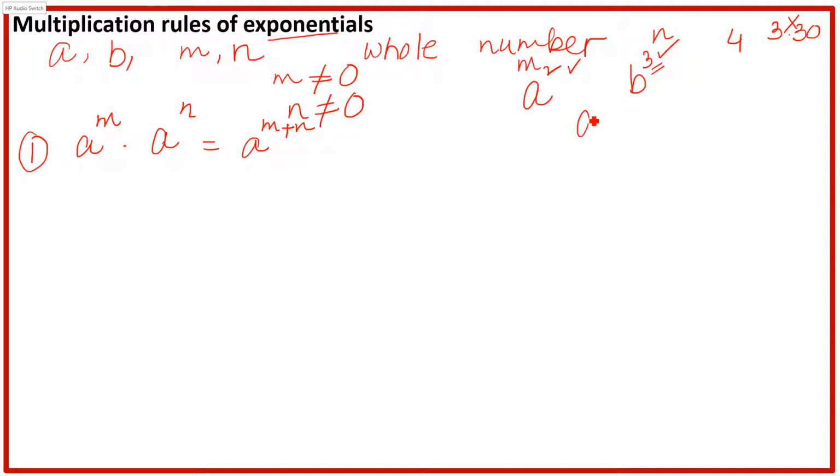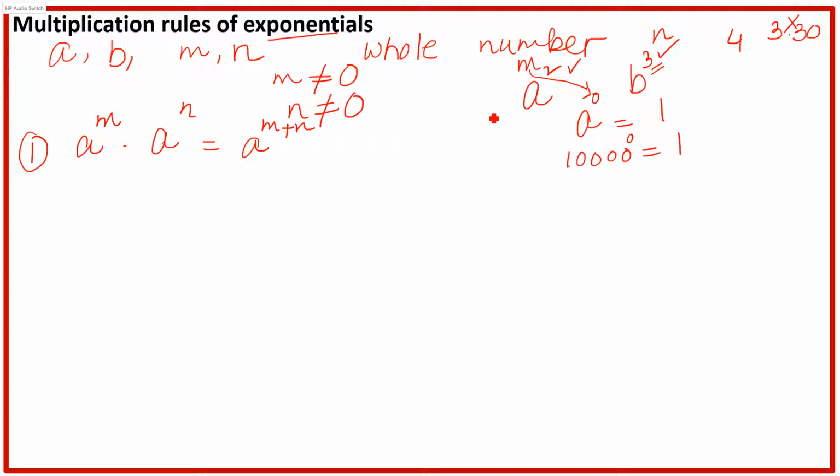Why? Because if I say A power 0, and this 0 is M, it will be equal to 1. Any number, suppose 10,000, with a power of 0, will always be equal to 1. So M and N, these powers, should not be equal to 0.